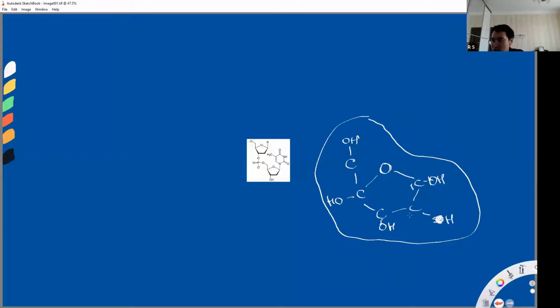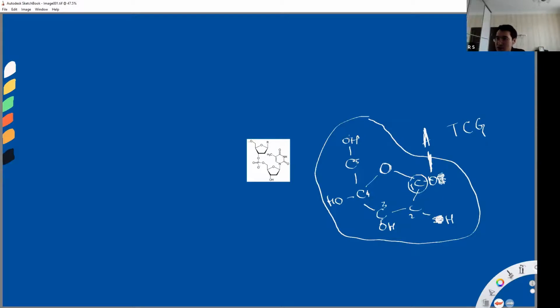So this is 1, 2, 3, 4, and 5. In position 1, it needs to bind to the nitrogenous base. So we remove this hydrogen and have, for example, adenine here, whichever: adenine, thymine, cytosine, or guanine.